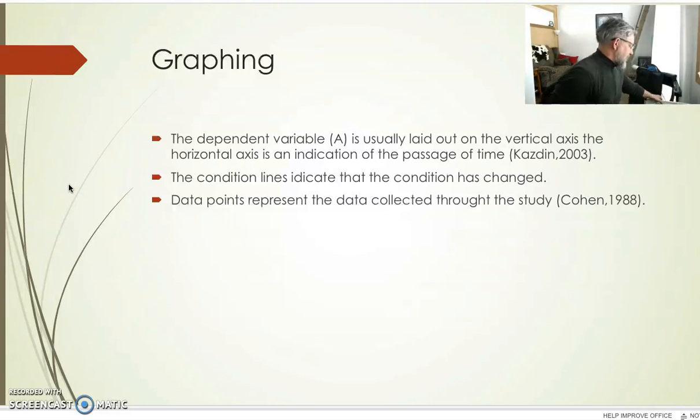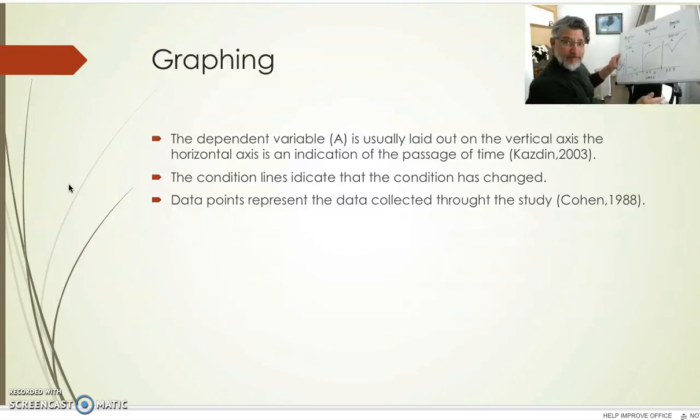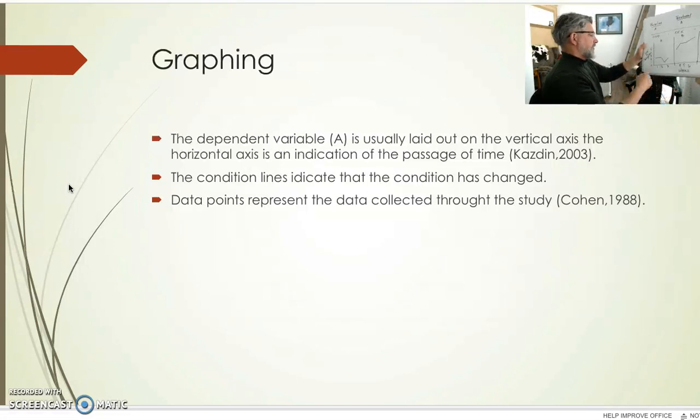The graphing of that particular study ends up looking like this. We have a level of participation, 0 to 5, on the vertical axis, and time is represented over time. So we have the identifying marker for monitoring the behavior, and then we have time on this axis.